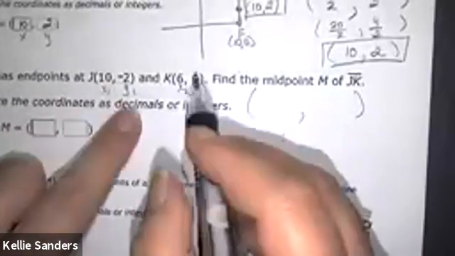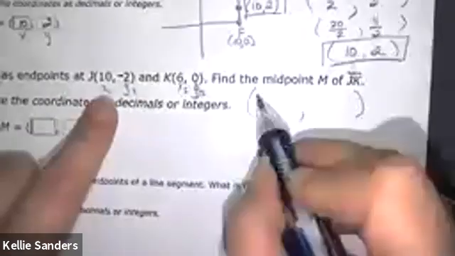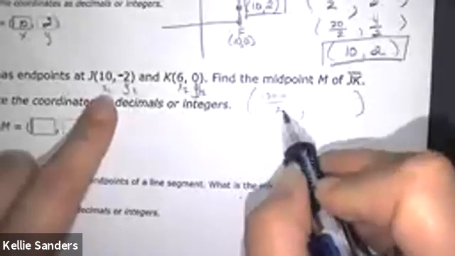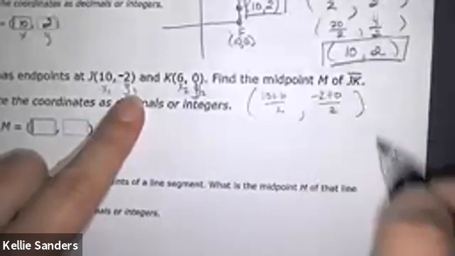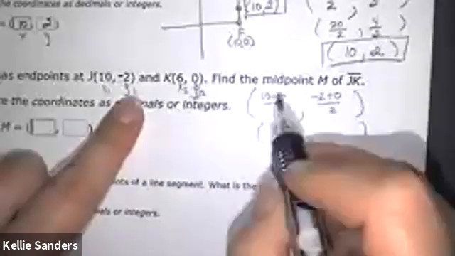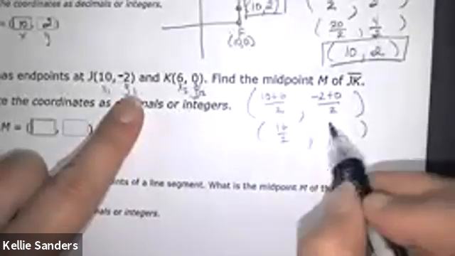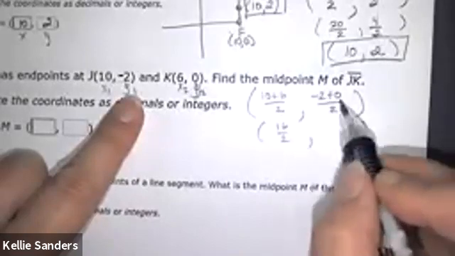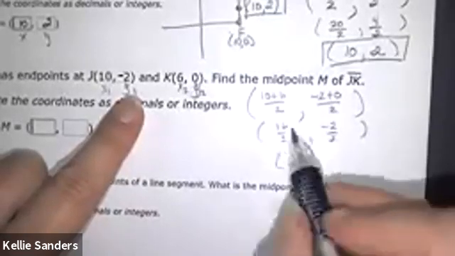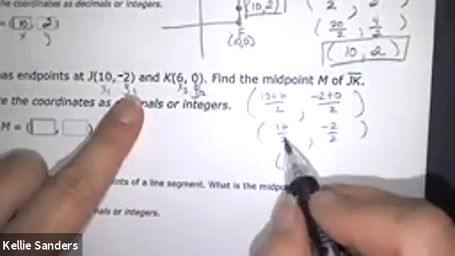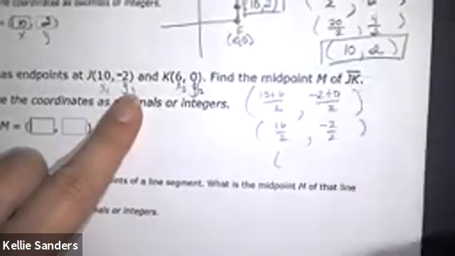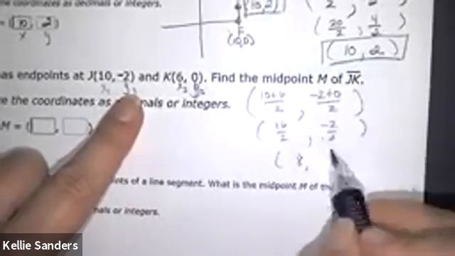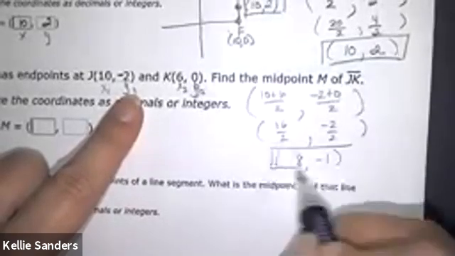We should know that x comes first, the y comes second. 10 plus 6 divided by 2, negative 2 plus 0 divided by 2. 10 plus 6 is 16. Negative 2 plus 0 is negative 2. 16 divided by 2 is 8. Negative 2 divided by 2 is negative 1.